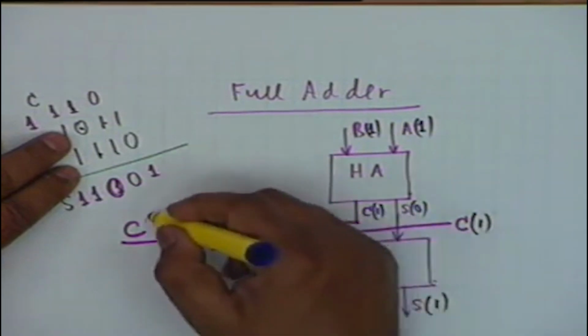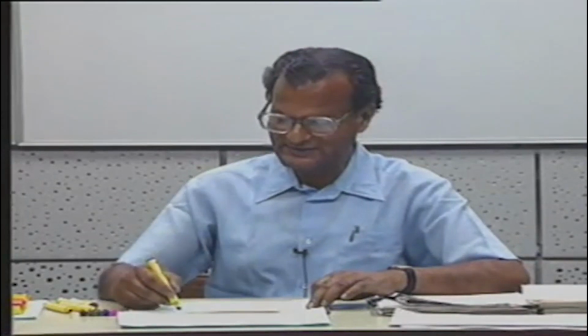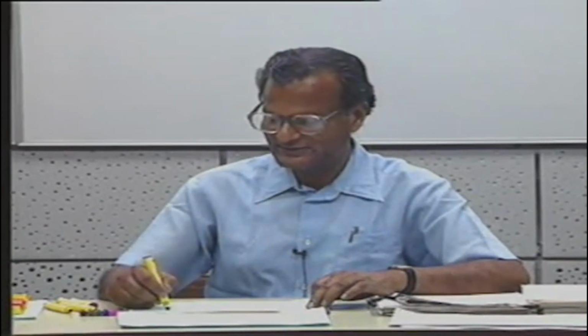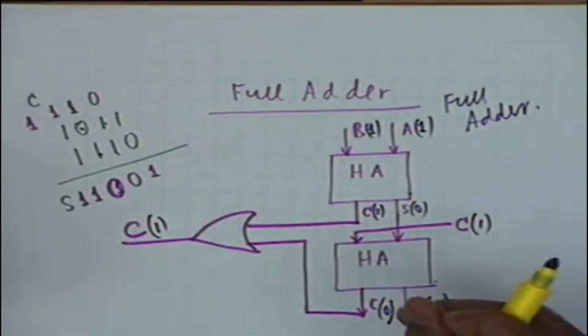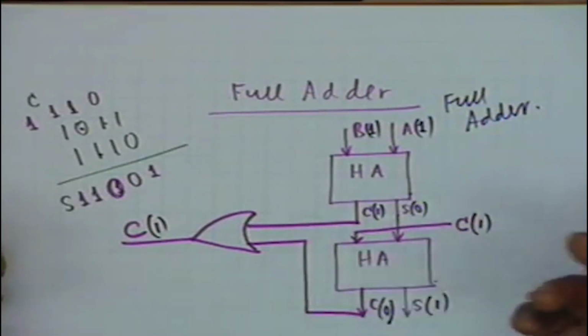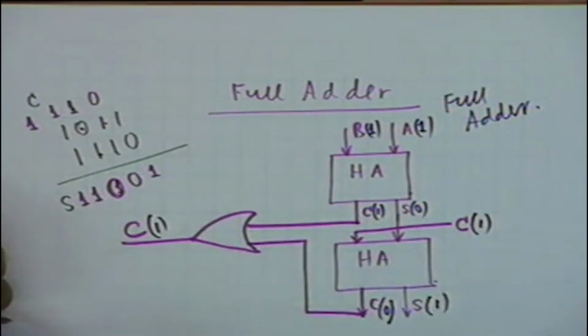So 0 or 1 is 1, and 1 comes in. You can show that this is a full adder circuit for any situation. And this is the most general situation where all 3 are 1. Otherwise, you will get trivial things. But an OR operation is needed here, not AND.